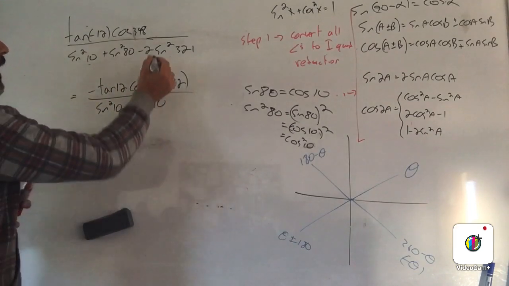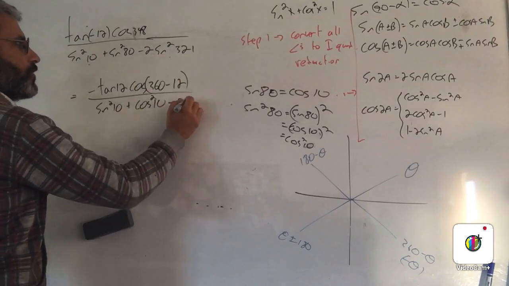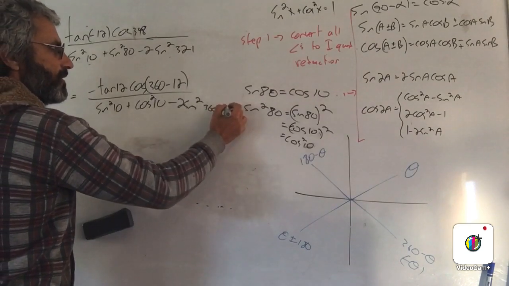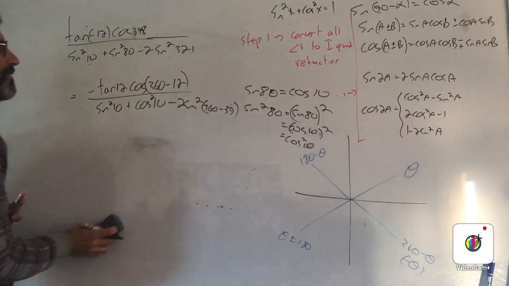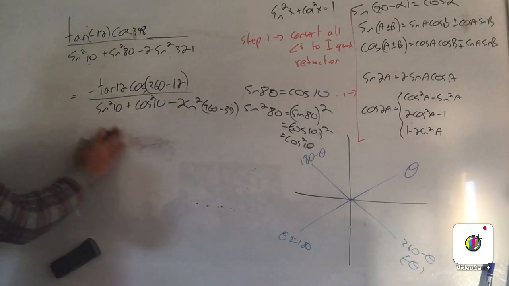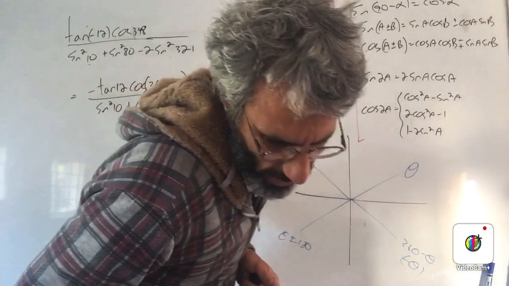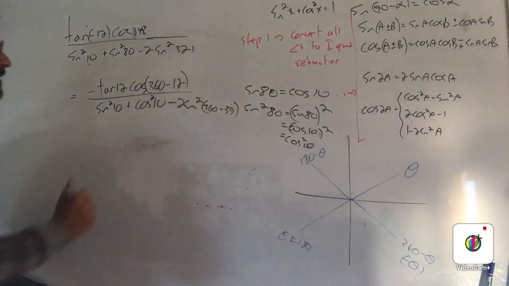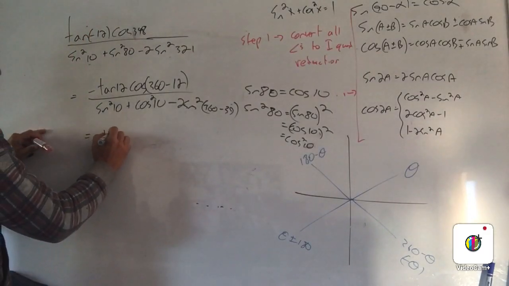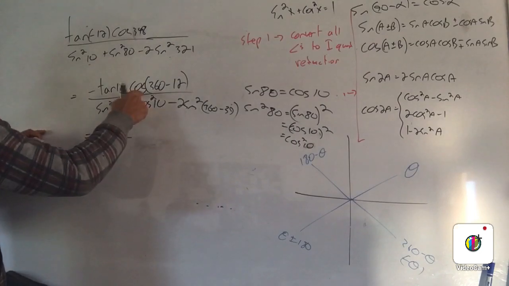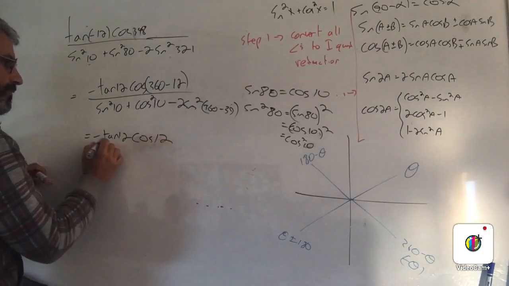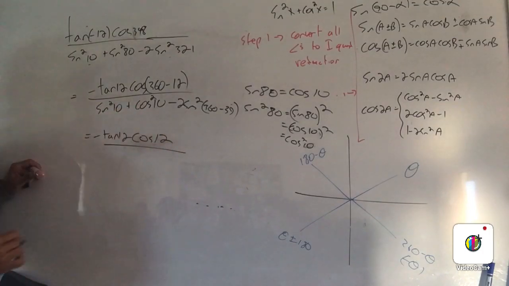Then I just need to drop minus 2 sine square, and let's write that as 360 minus, what is that? 39. Is it? Yes. Okay, that doesn't seem like a nice number. We'll try and figure it out later. So I've got minus tan 12. Cosine from here to here remains positive, so it's cosine 12. Divided by, what is sine squared plus cosine squared then?